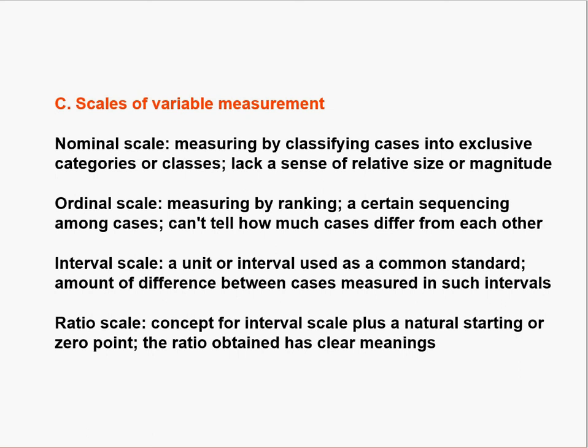Now let's look at another example, latitude. If I say that for this place the latitude is 0 degrees, what does it mean? Does that mean that this place has no latitude? It does not mean that, because we know that every place on Earth's surface has a latitude.